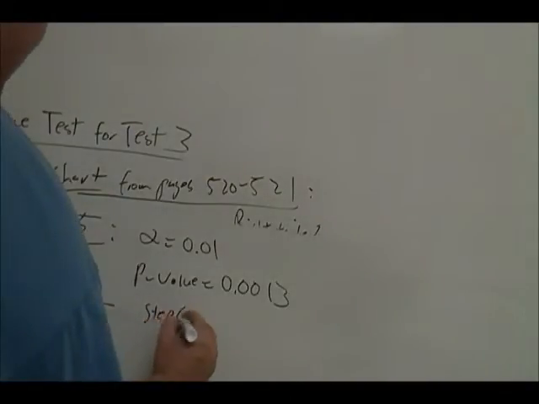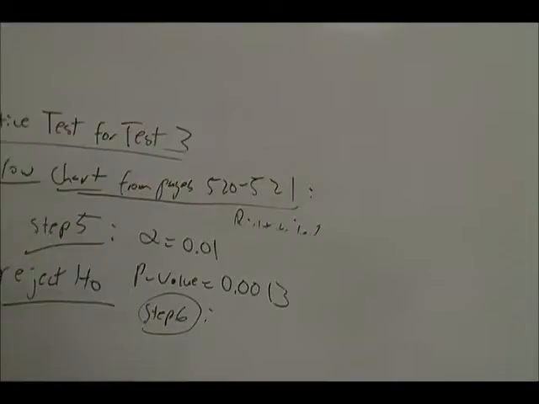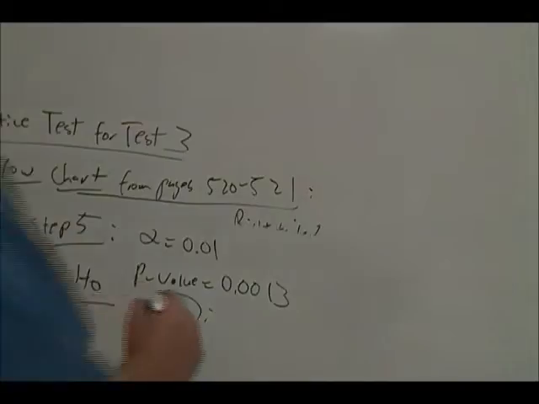And so now when you go to step 6 and state your final conclusion, you look at that flowchart, and what that flowchart says is you answer no to the first question, that the claim does not contain the condition of equality. You go to the second question, it says, did you reject H0? And this time we answer yes to the second question. We do reject H0. So that means that the sample data does support the claim.